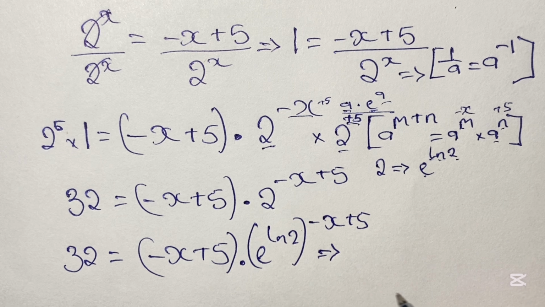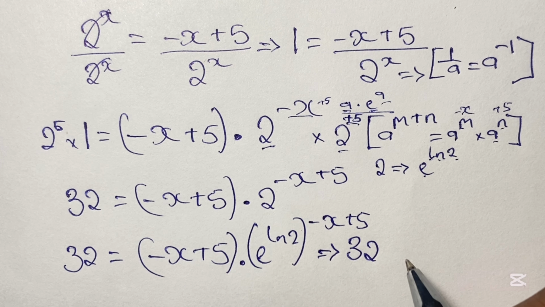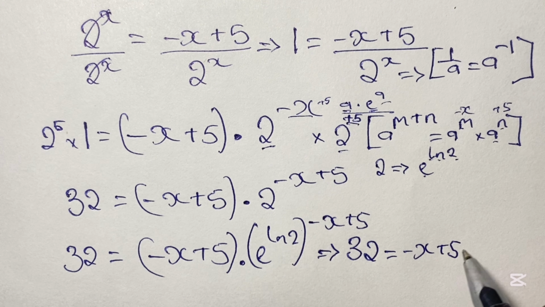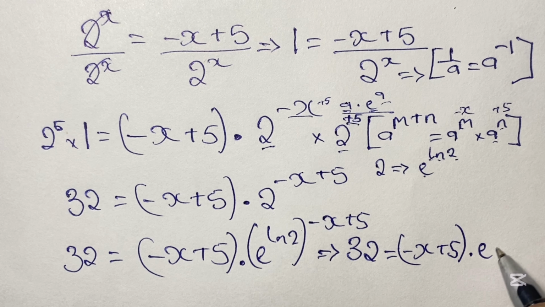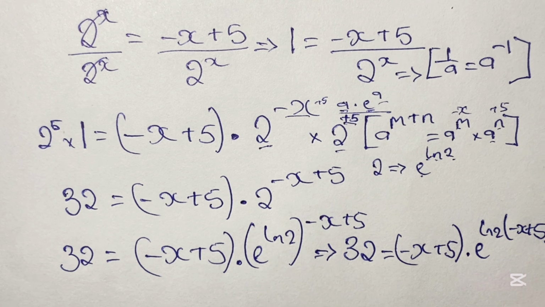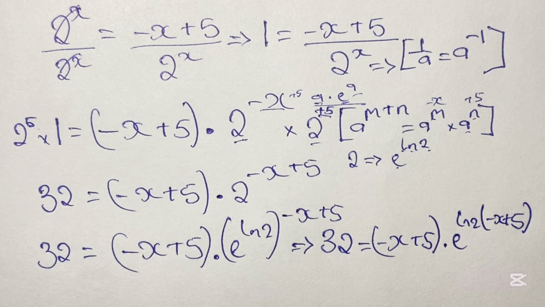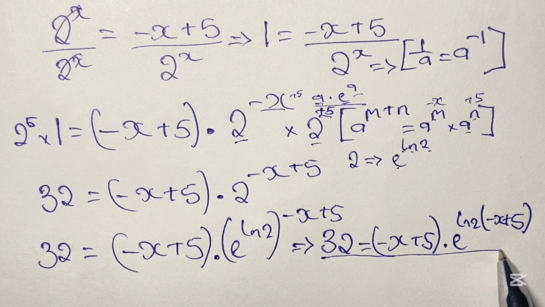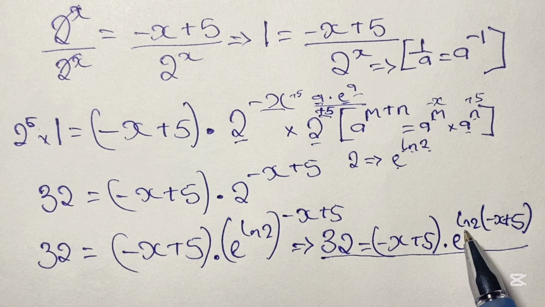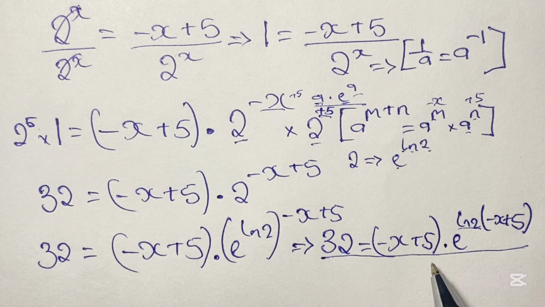So what we basically have here is that 32 equals (negative x plus 5), and that's going to be in brackets. We just always keep that in brackets for now, times e to the power of ln of 2, and ln of 2 is multiplying negative x plus 5. Now here we have ln of 2 multiplying negative x plus 5, but here we only have negative x plus 5.